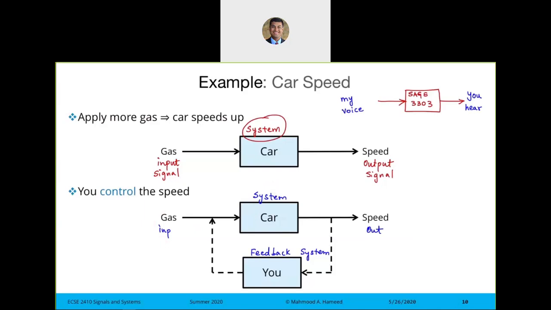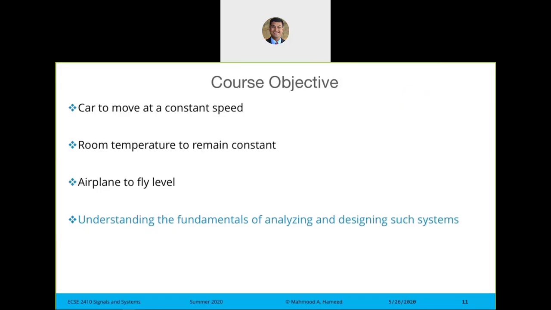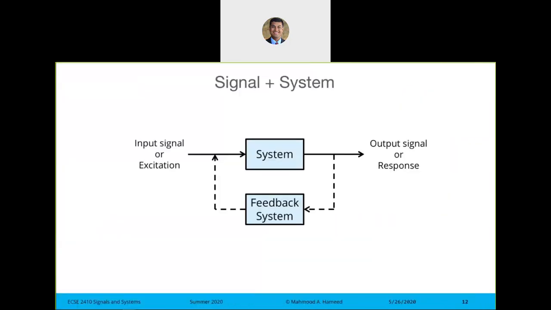Right. So that will be our focus. Input signal is also called as excitation for the system, and the output signal is also called as response of the system. And then there is of course a feedback system over here shown in dotted line.